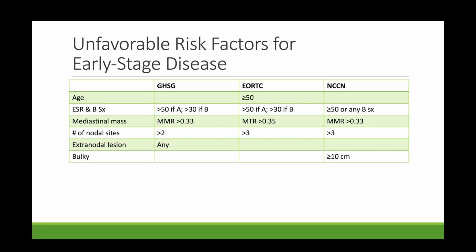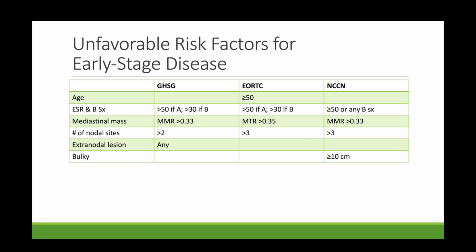The way that we risk stratify patients is also different across the different study groups. And this confused me for ages, but really it just has to do with how these different study groups risk stratified patients when they were enrolling them into their clinical trials. And as a result, we just have to know that these differences exist.